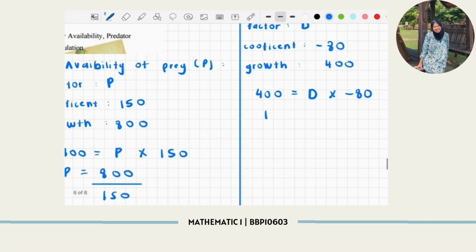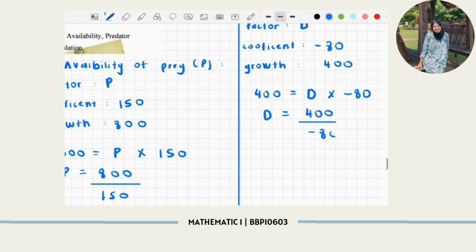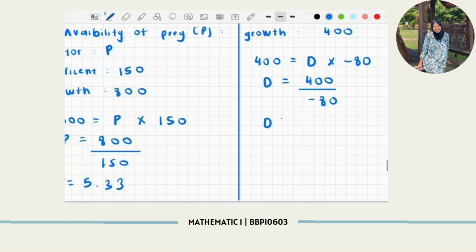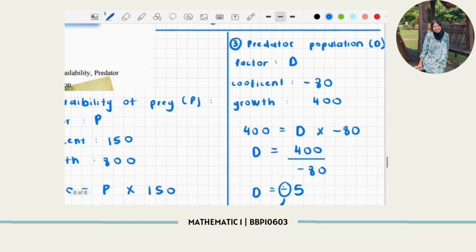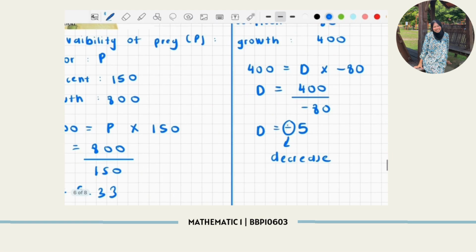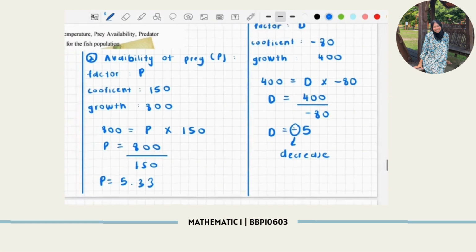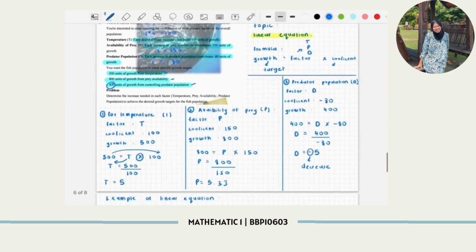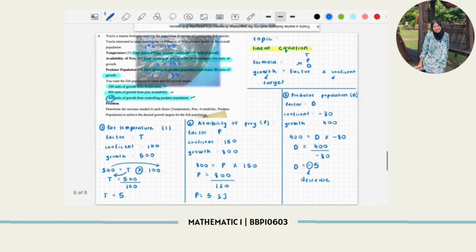So D equals 400 over negative 80, and the answer is negative 5. Here, the negative sign means decrease. So it means the predator population is decreased by 5. So that's all. This is the answer for these questions.